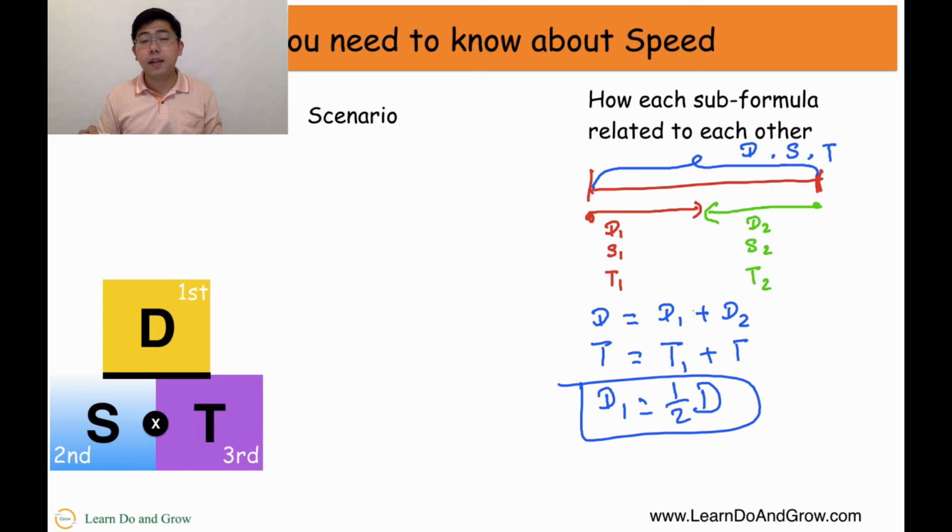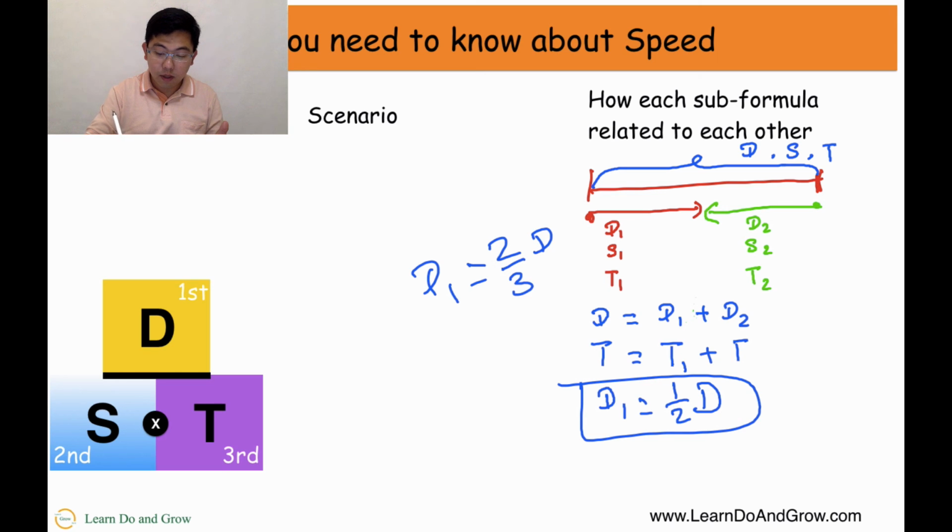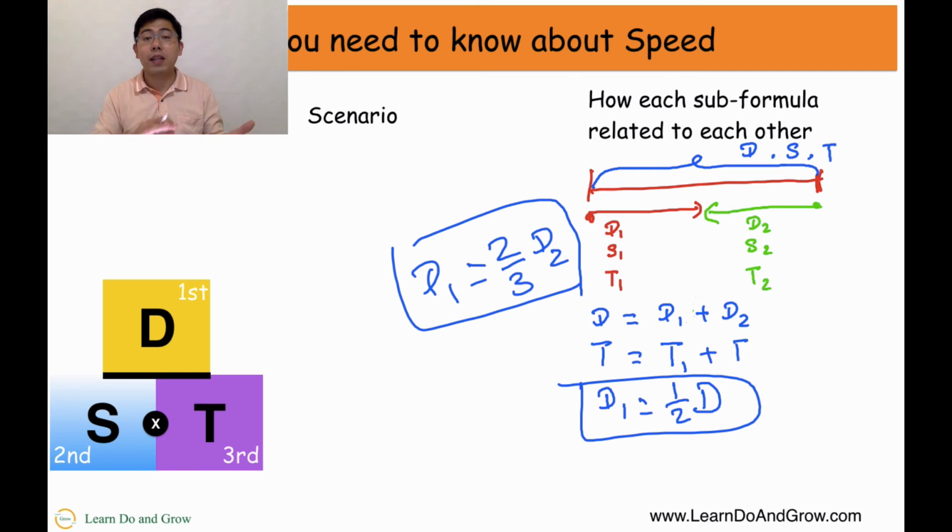Or they can just say that the distance for object A is 2/3 of the distance of object B. So in that case, I will just say D1 equals 2/3 of D2. So some questions they will just give you like that and expect you to go and find out by yourself. And in that case, you must be able to link to this kind of sub-formula.